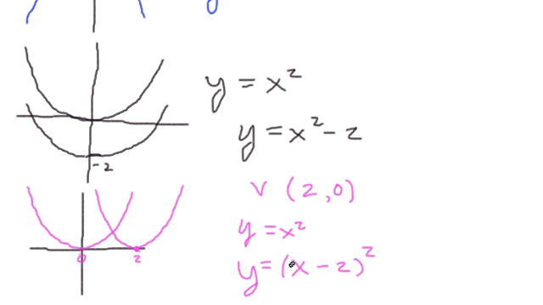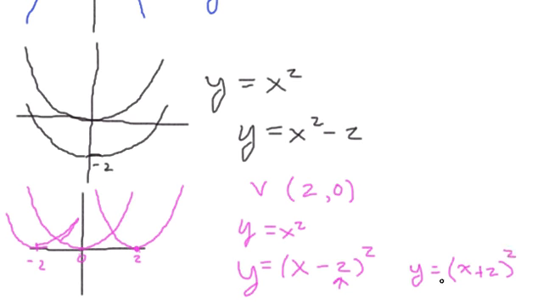Okay. If I were to shift it 2 units back in this direction to negative 2, then in this number right here, we're shifting it negative 2. So this would become y is equal to, we're going to plug a negative 2 in, and a minus and a minus is a positive, so you get x plus 2 squared.